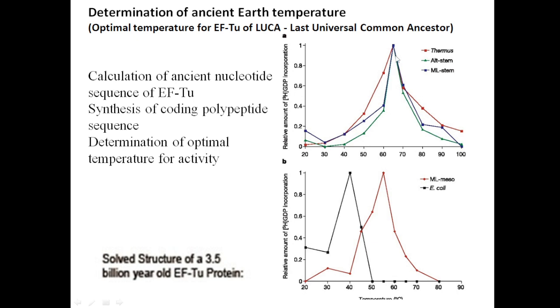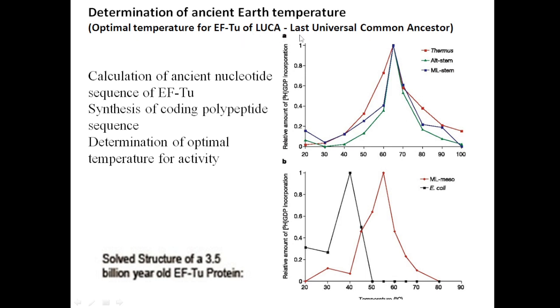Three independent calculations led to the same result, near 60-65 degrees. You see, our planet gradually decreased in temperature, and near 3 billion years ago the temperature was somewhat higher.